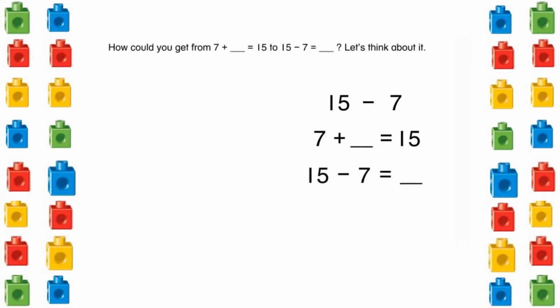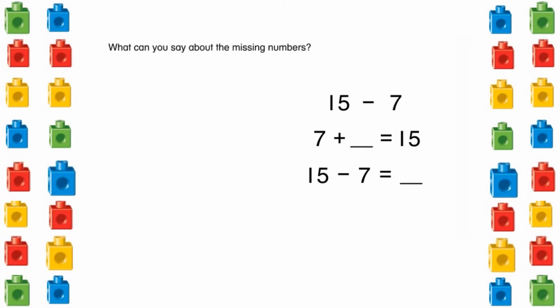How could you get from 7 plus blank equals 15 to 15 minus 7 equals blank? Let's think about it. 7 plus blank equals 15 is the addition fact that uses the same numbers as the subtraction fact.